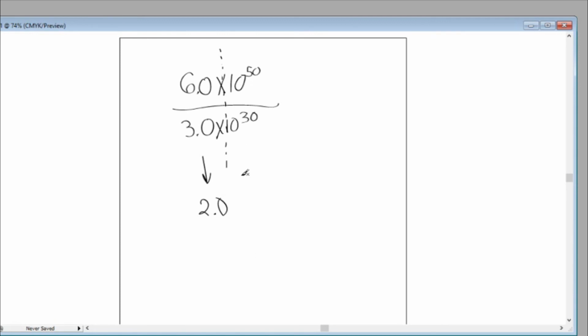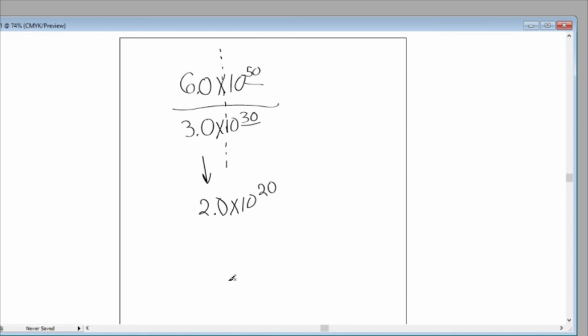This part over here, I'm dealing with powers. And when I divide powers, I know that I subtract those. So 10 to the 50th and 10 to the 30th, I subtract 50 minus 30, and I'm going to get times 10 to the 20th.